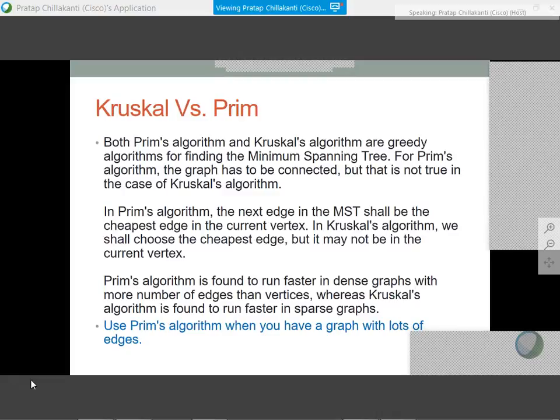You have to cover so many edges, right? You have to first sort them in ascending order. Then you have to consider each edge till you reach n minus 1 edges. So if you use Prim, since you're starting with a vertex, the number of vertices is smaller than the number of edges, right? So it's easier to deal with vertices. That's why you use Prim's algorithm when you have a graph with lots of edges.